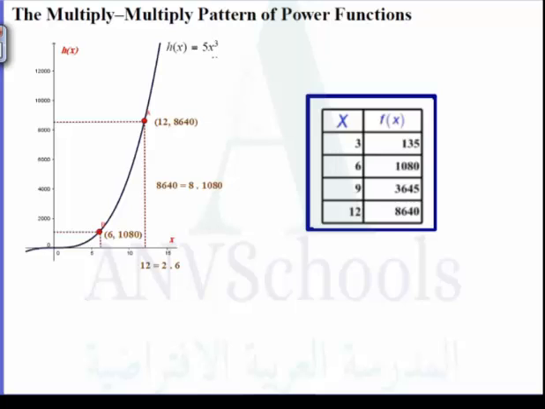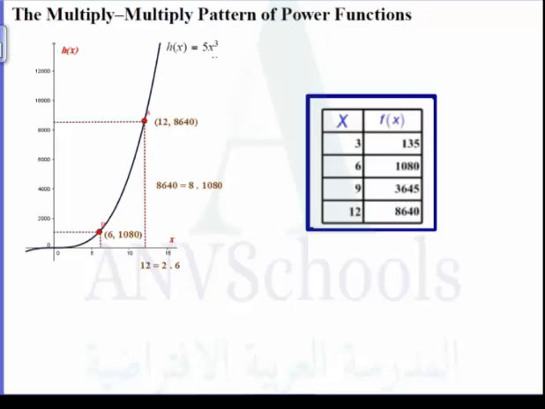If our x is equal to 6, then our f of x is 1080. If our x is 9, then our f of x is 3645. And if our x is equal to 12, then our f of x is 8640. Now this is the multiply pattern of power functions.